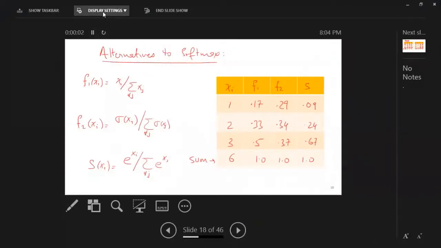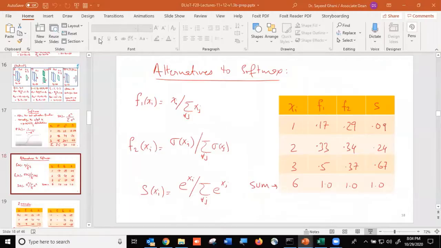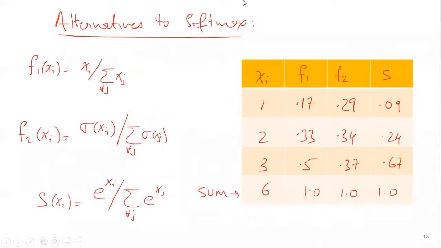And if you used different options, what would it give you? So if you chose to do a simple sum, if you did the first one, right? This is 1 upon 6, this is 2 upon 6, and this is 3 upon 6.